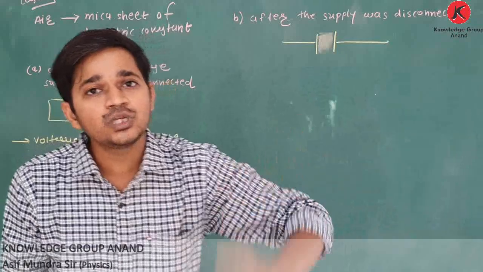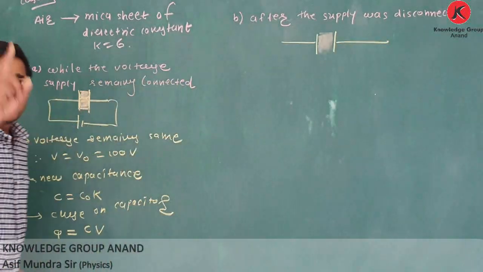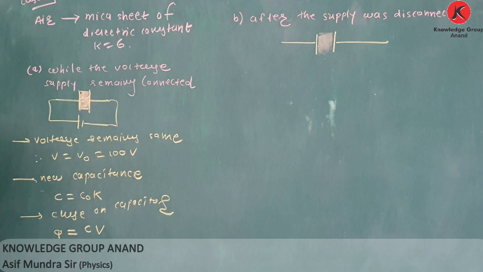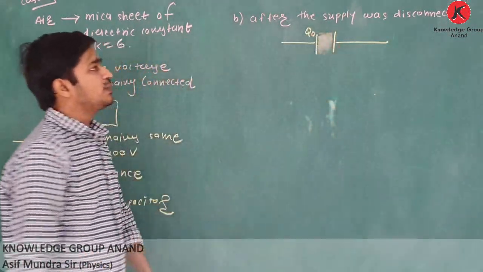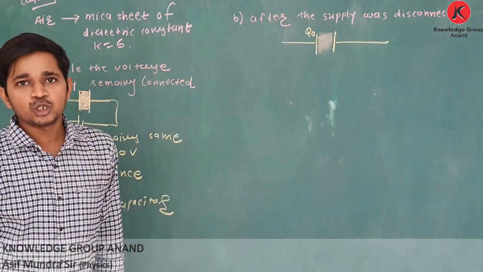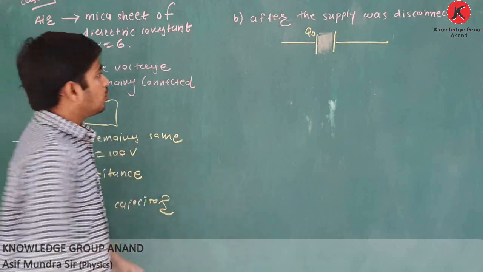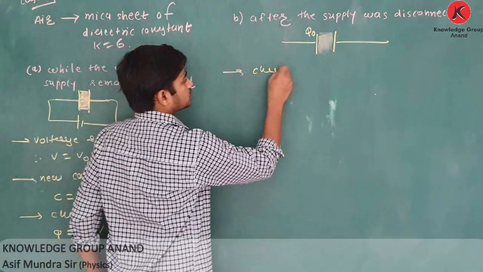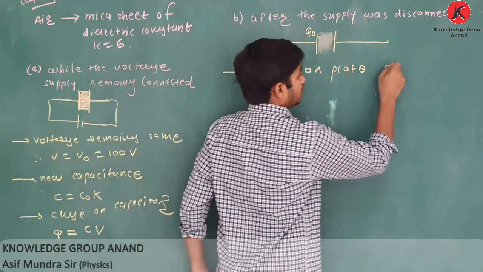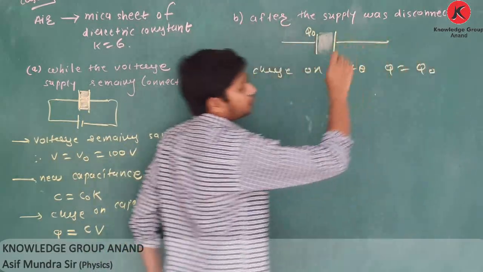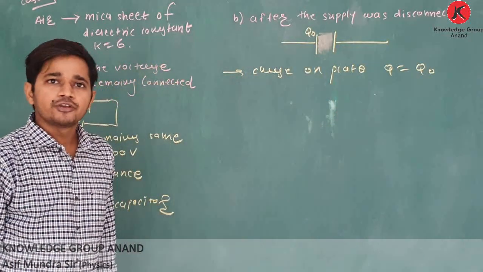That charge will remain the same. Initially on these two plates charge is Q0; when battery is disconnected, charge on two plates will remain the same. So charge on plate, Q is equal to Q0.